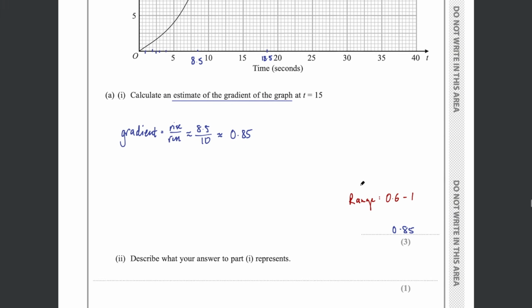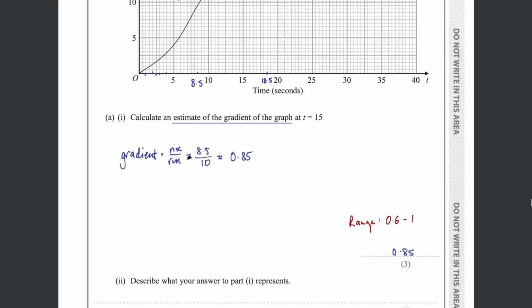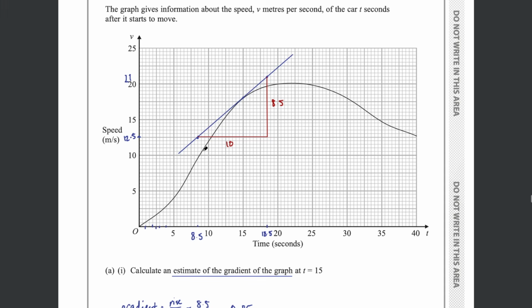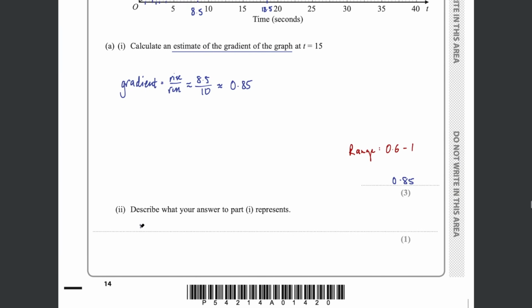Okay. Part 2 says describe what your answer to part 1 represents. When you're looking at a speed time graph, the gradient of the graph is the rate of change of speed. So what is the rate of change of speed? That's what we call acceleration. So it's how fast you're speeding up. So you could say acceleration, and that is in meters per second squared.